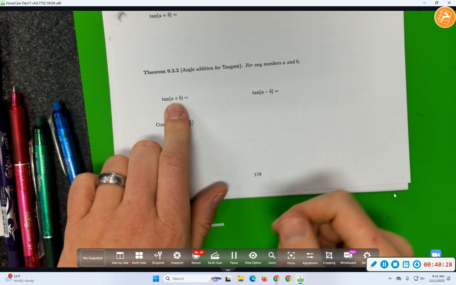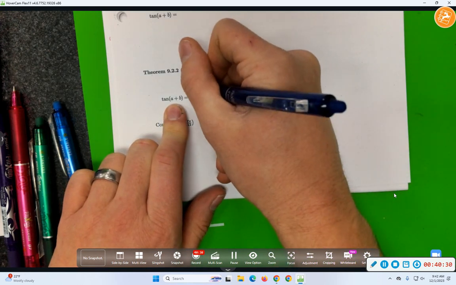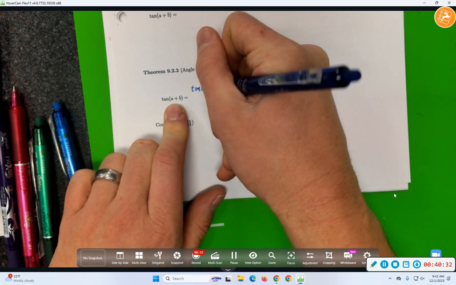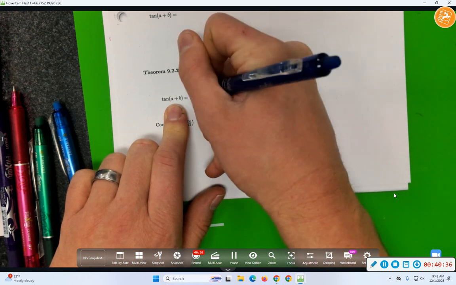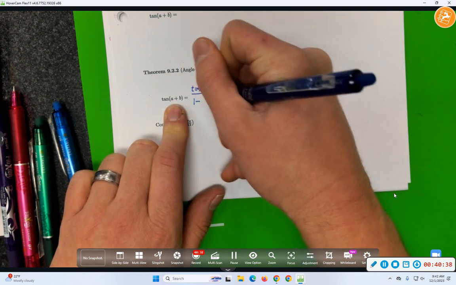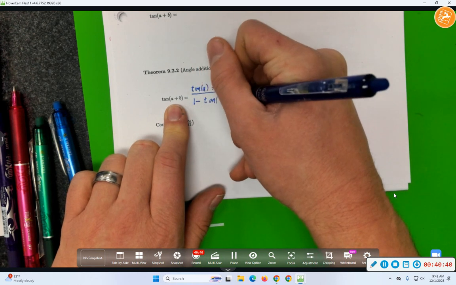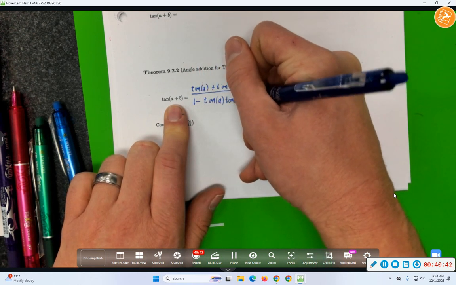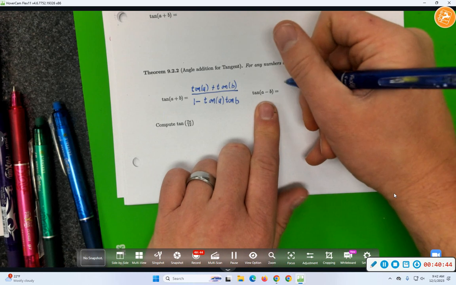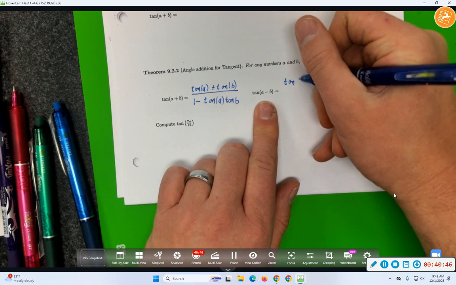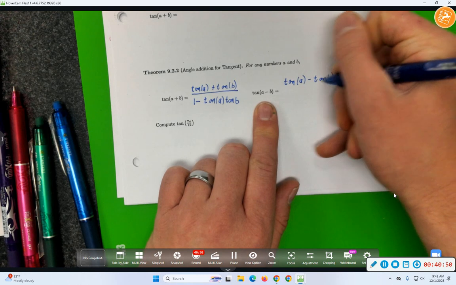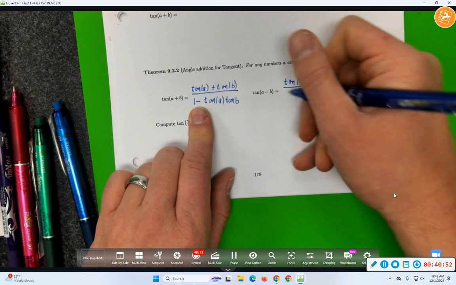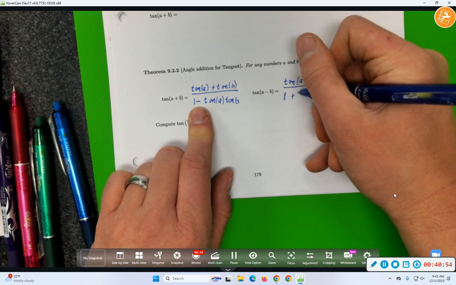The angle addition formula for tangent says the tangent of A plus B is equal to the tangent of A plus the tangent of B, all over 1 minus tangent A tangent B. And if you subtract instead, you will subtract the tangents in the numerator, and then the subtraction in the denominator becomes a plus.